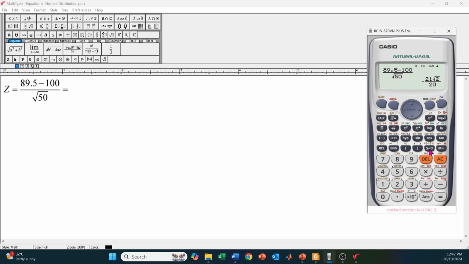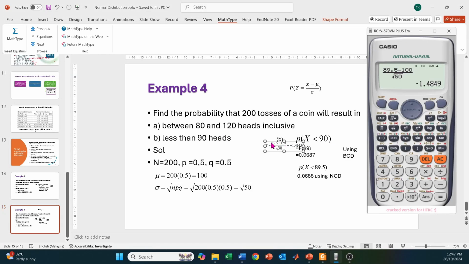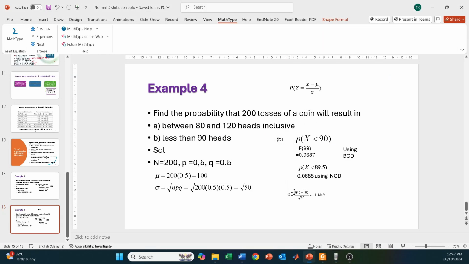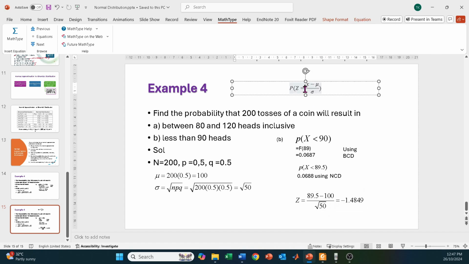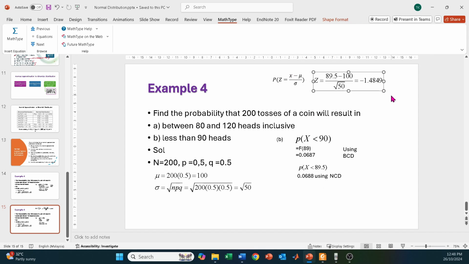Calculate this value to four decimal places, and z is negative 1.4849.